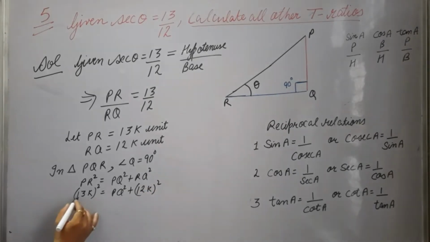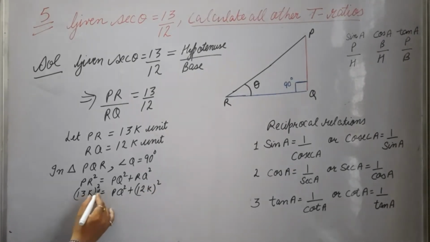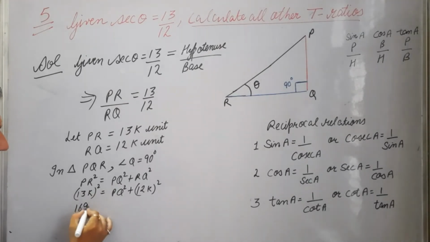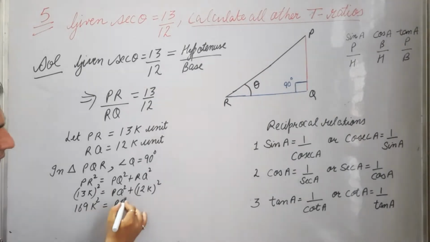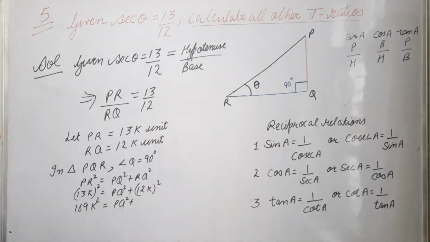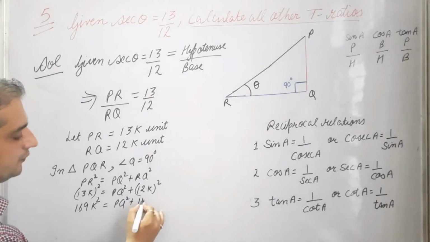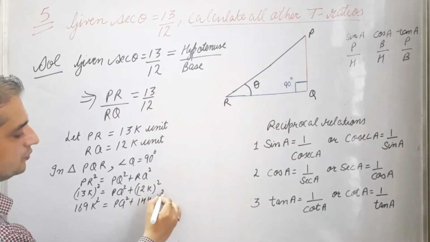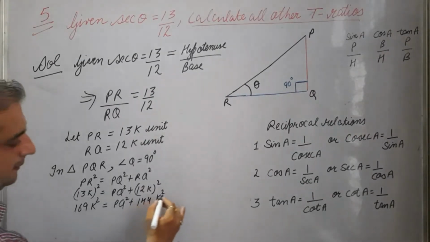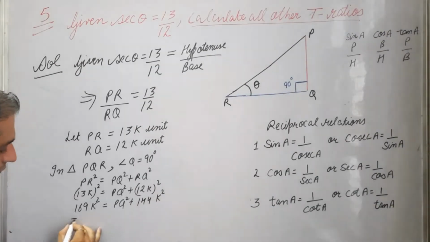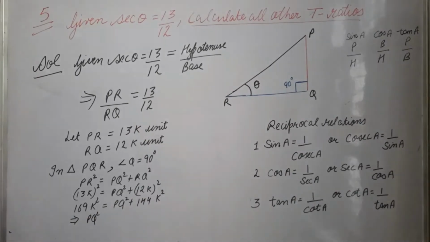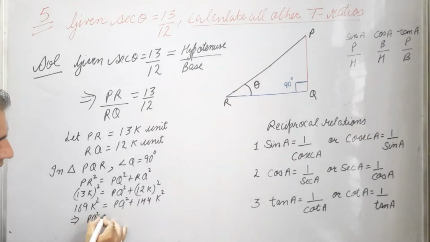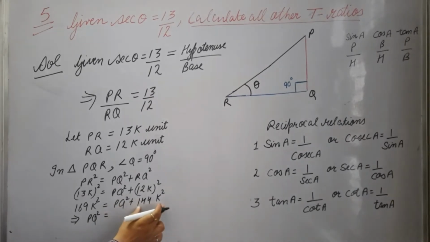Solve it. 13K square: 13 multiplied by 13 is 169K square, equals PQ square as it is plus 12K square: 12 multiplied by 12 is 144K square. It implies PQ square, you can transpose this 144K square to the left hand side.